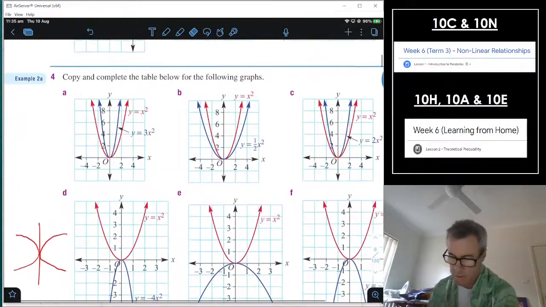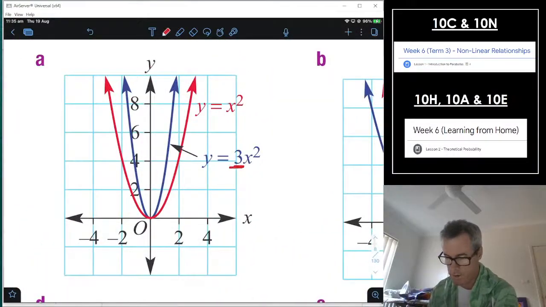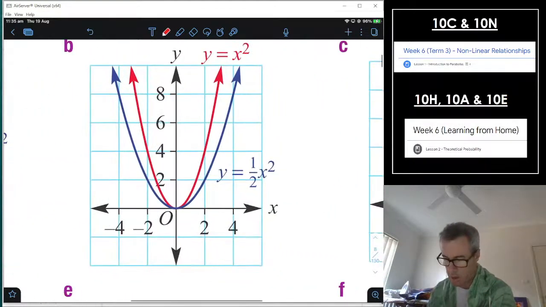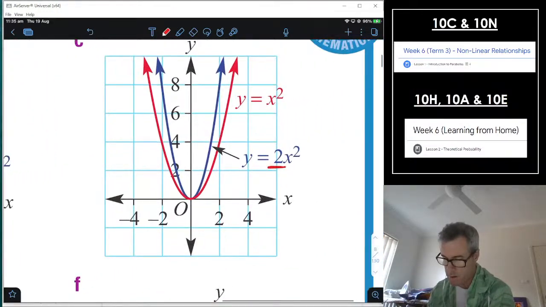So you can see in this problem here, when I have a coefficient greater than 1, it's going to be narrower, like that. When I have a coefficient smaller than 1, it's going to be wider, like so. Again, same deal here. Bigger coefficient, and it's narrower.